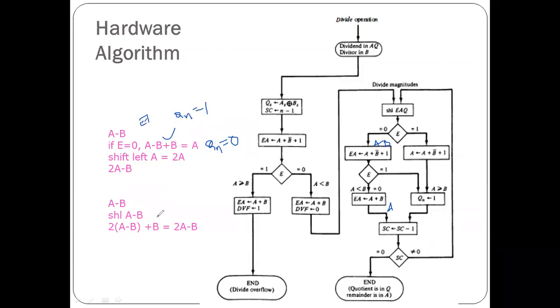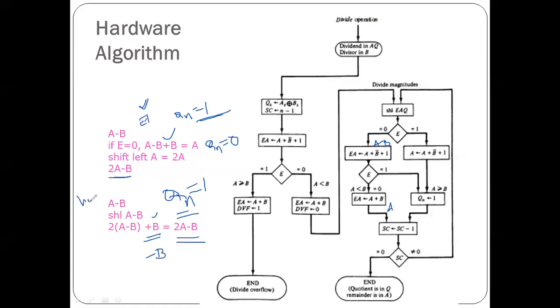So based on this previous Qn, which is equal to your E, whether you have to add this B or subtract this B is decided by the previous Qn value. If this Qn is 1, I will add B. If this Qn is 0, I will subtract B. In that way, I will get the same final value in any method, restoring or non-restoring.